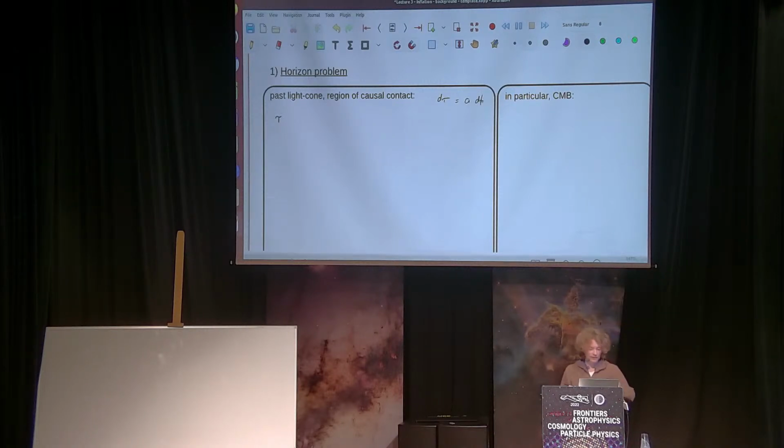And you see immediately my handwriting is a lot worse here than it is on Blackboard. So tau, if we want to compute the past light cone, we have to integrate from 0 to t over dt prime a of t prime, right? That's just basically the definition of tau. d tau is a dt.